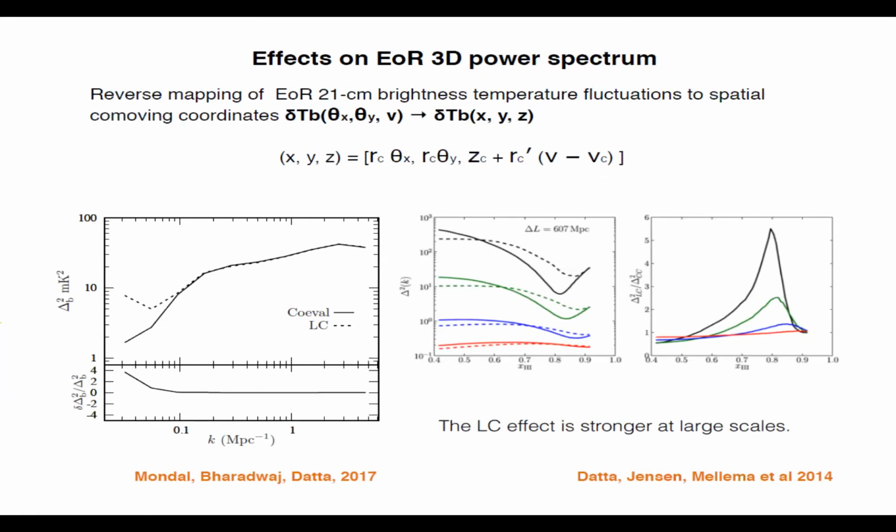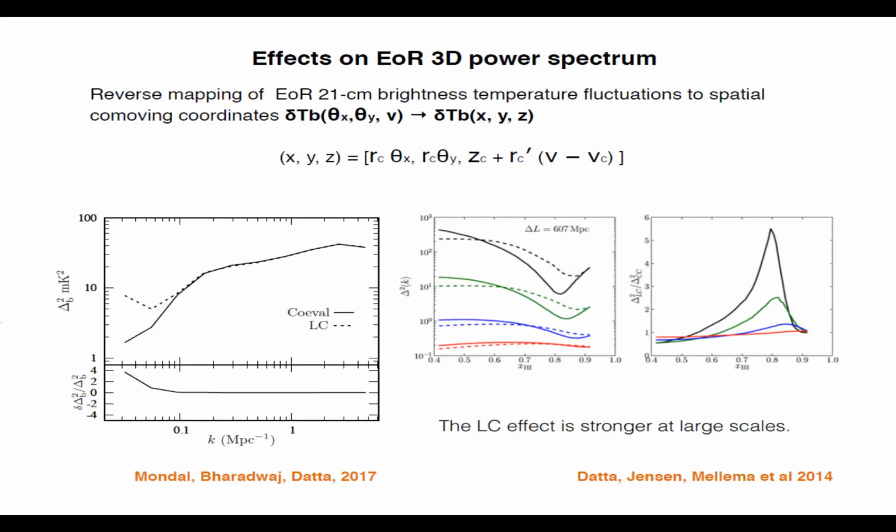And this is a paper by Rajesh, and we see a factor of 4 boost in the power spectrum at the largest scale, that means the smallest k available. Of course, this is just an example. It could vary from simulation to simulation, model to model, and at what stage of reionization you are looking at. But at least we have checked that it's a large scale effect.